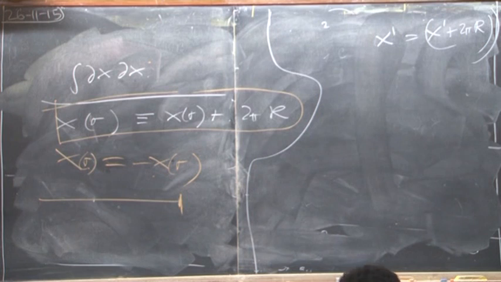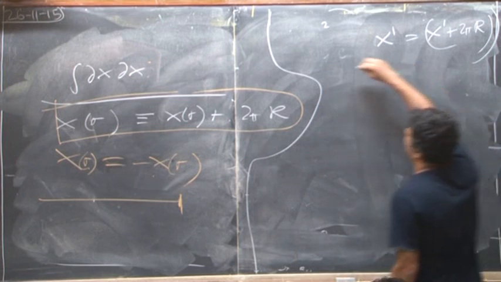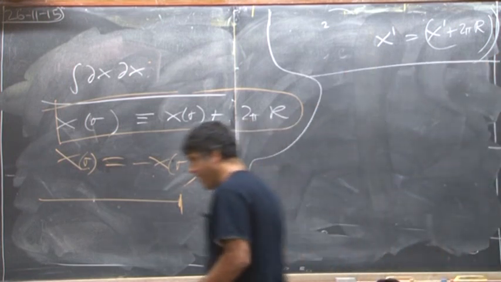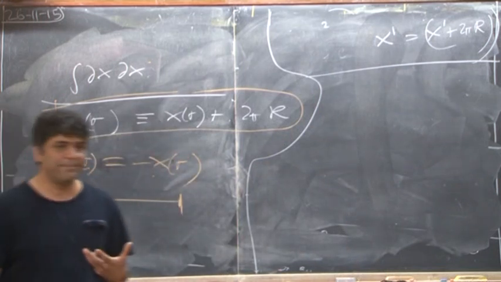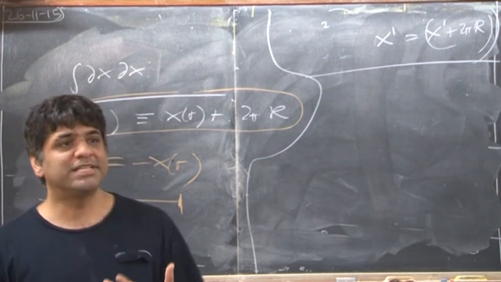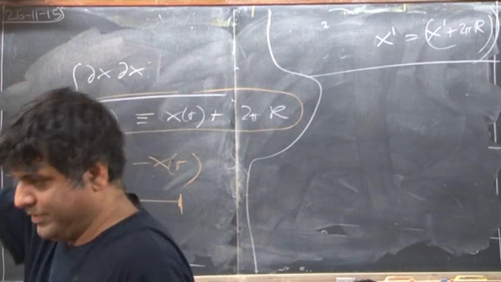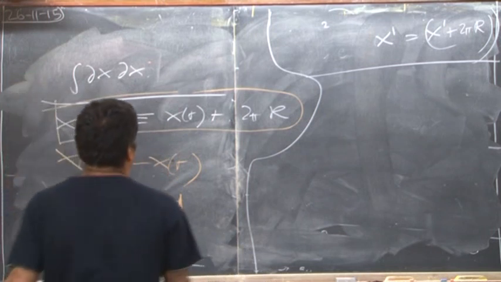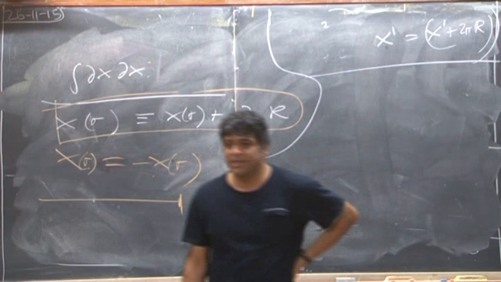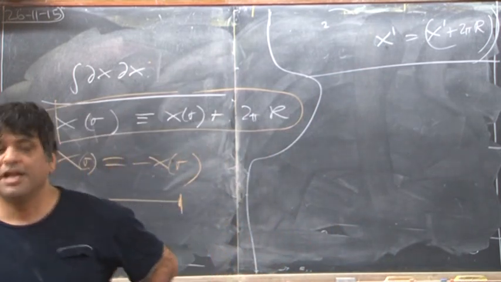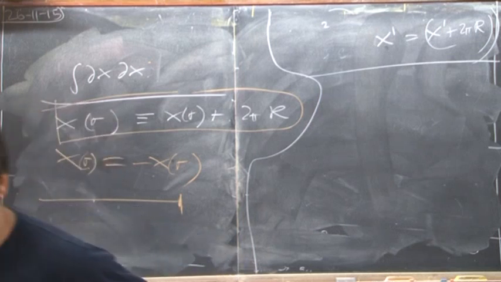Now you can ask, what is the most general set of metrics on a space of this form with a periodic identification like this, that preserves translational invariance in the x1 direction?